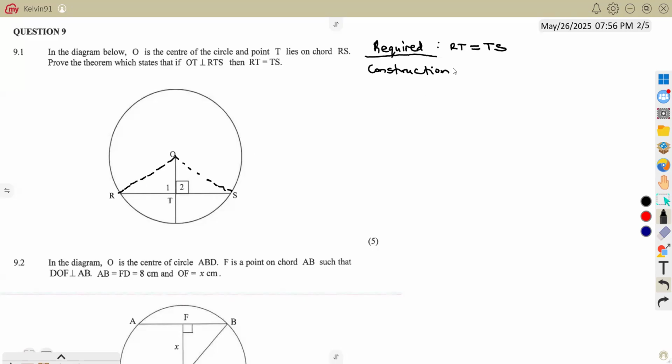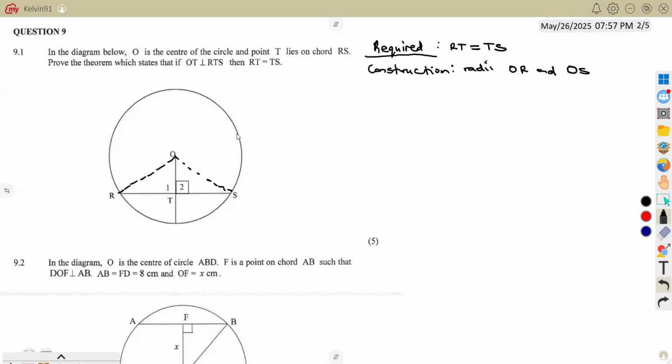So step 1, we construct two radii, that is radii OR and OS.